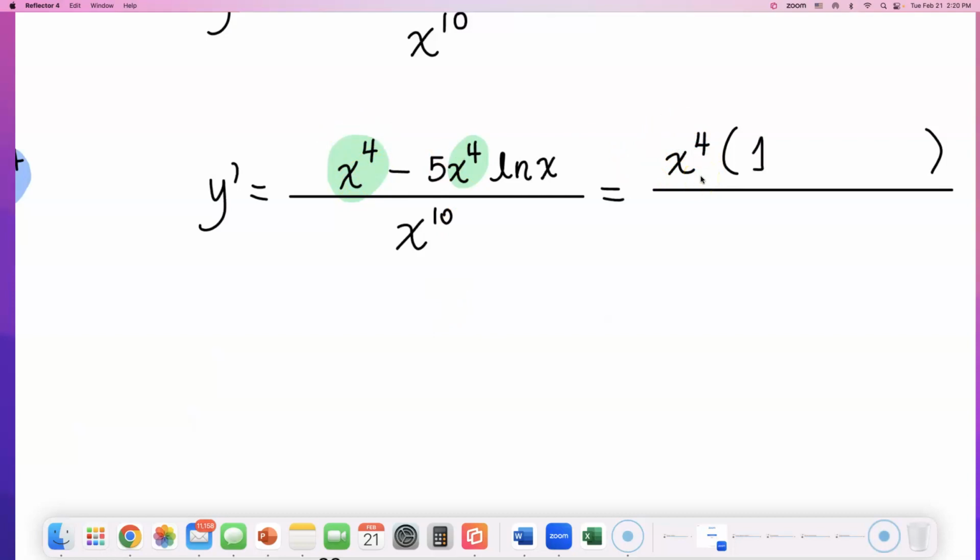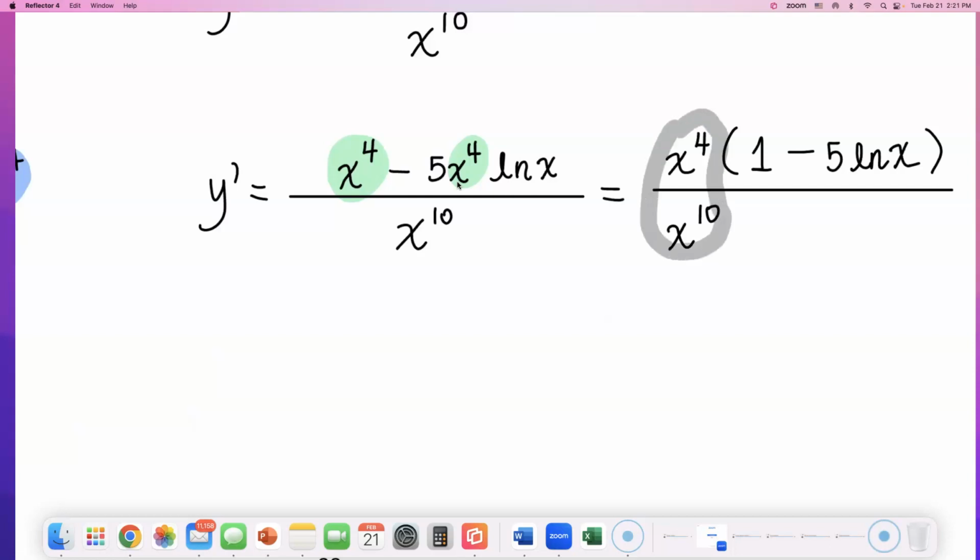So I'll write 1 first. Copy down that minus sign. X to the 4th divided by x to the 4th is 1. So this term, I don't have to do 5 times 1 times ln x. I'm just going to write 5 times ln x. Okay, all over x to the 10th. So I factored out x to the 4th first. Okay, now I will simplify these two.